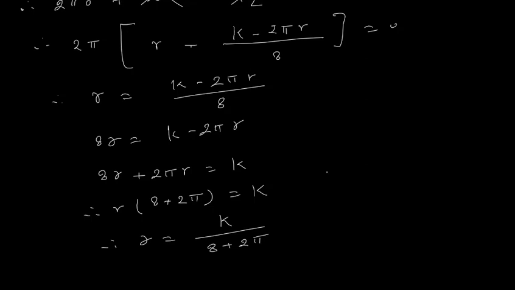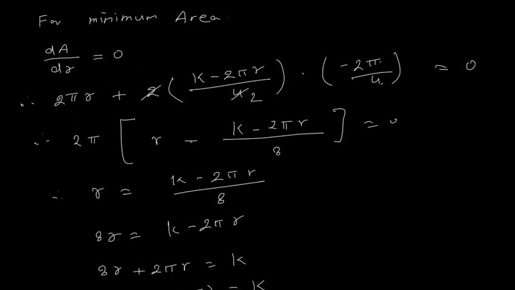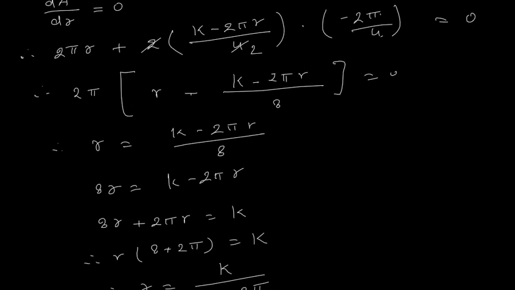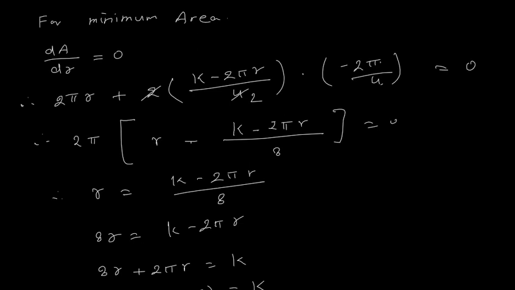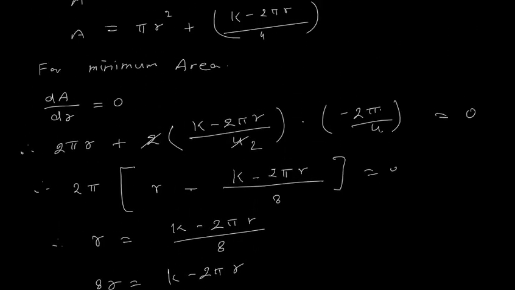Now this is the condition for minimum area, but whether I am getting minimum area or not, I have to differentiate again. For minimum or maximum, because I have to do the second derivative test.